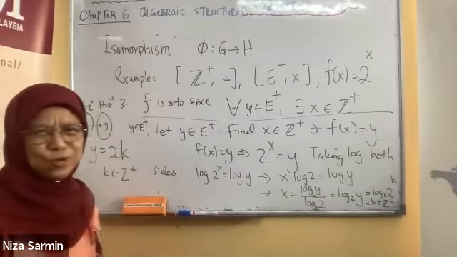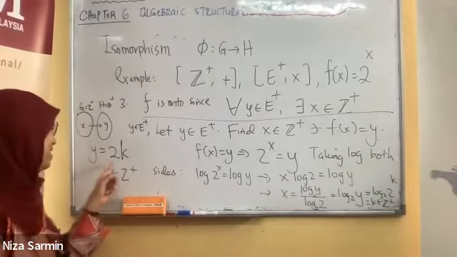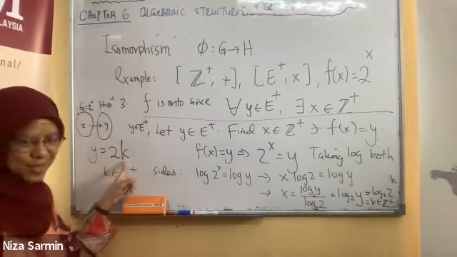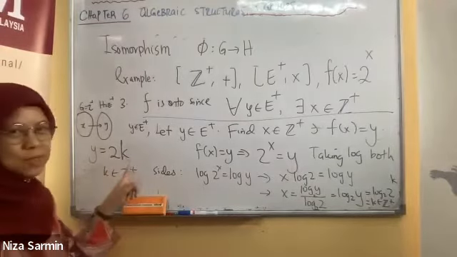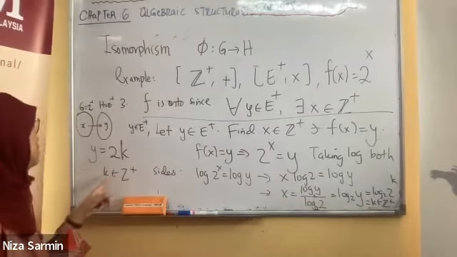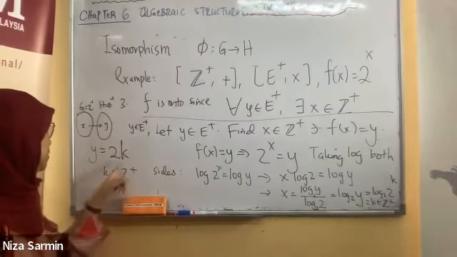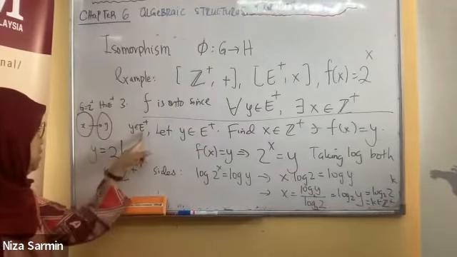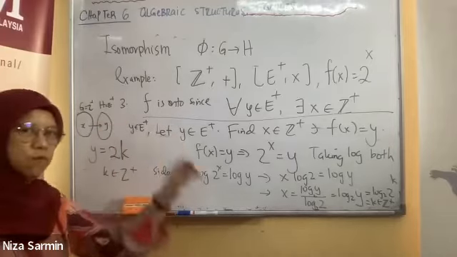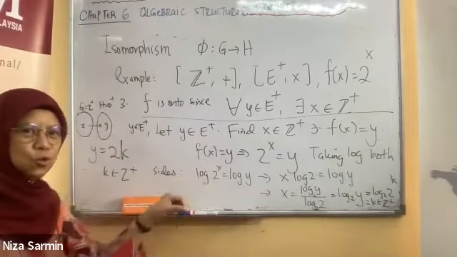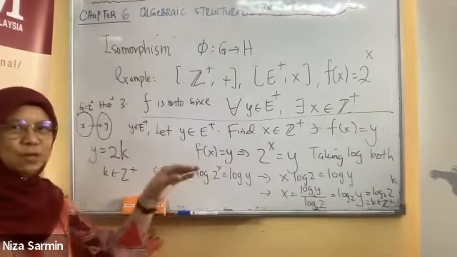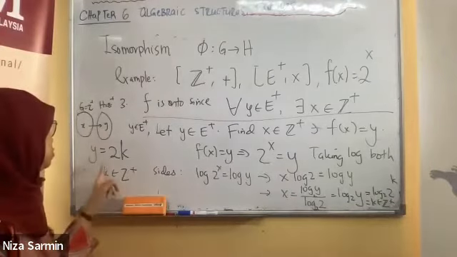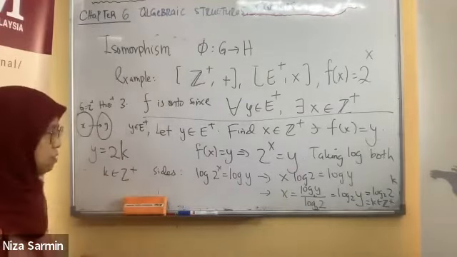Ada kerut-kerut yang confused. It's not 2 to the k, it's 2k. Okay, barulah macam ada muka yang happy sikit. So k is in Z plus, right? Because E is even number 2, 4, 6, 8. So 2 times 1, 2 times 2, 2 times 3. So it's always 2 times positive.